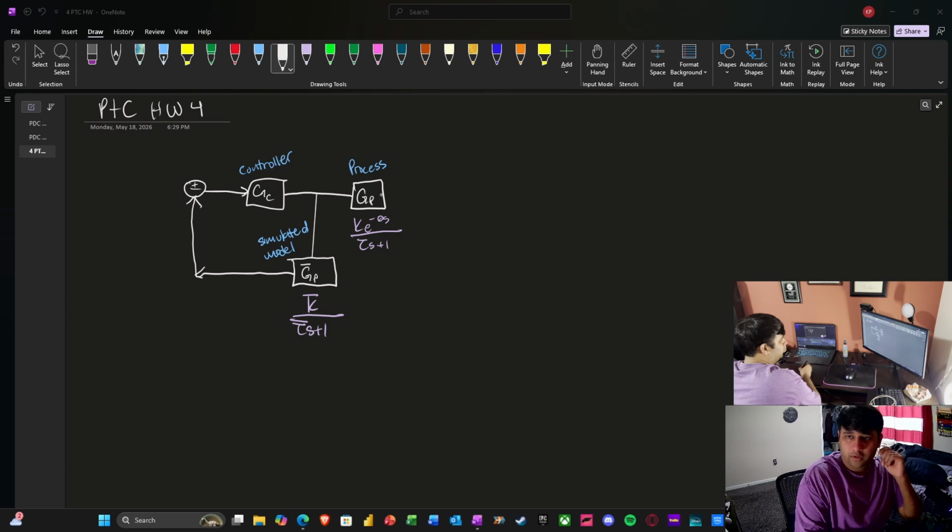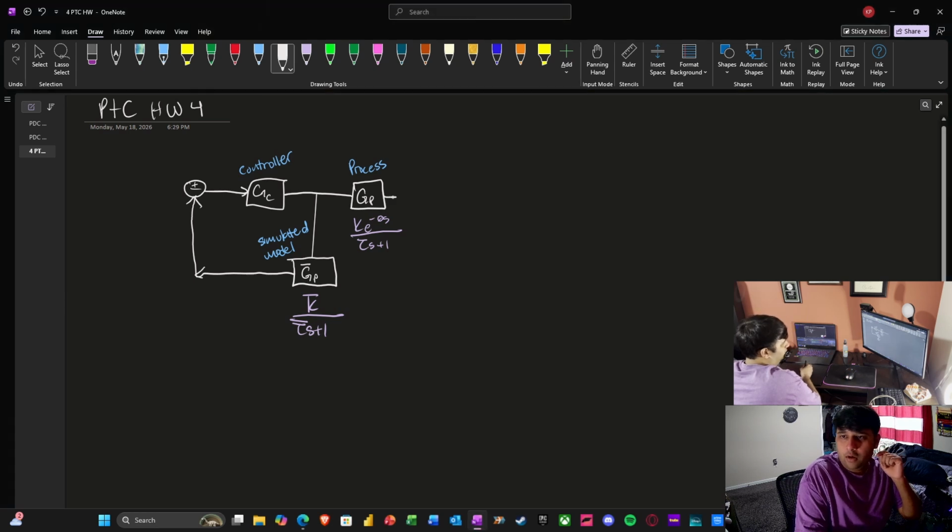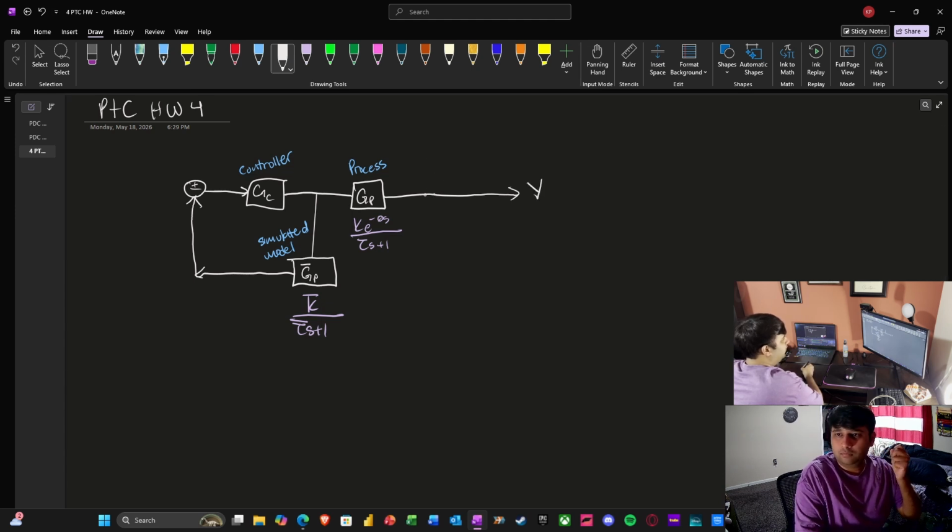Now we're also going to account for our disturbance. So we'll make this, because we're going to need a little bit of space. We're going to have our y component and our disturbance, which is GD.